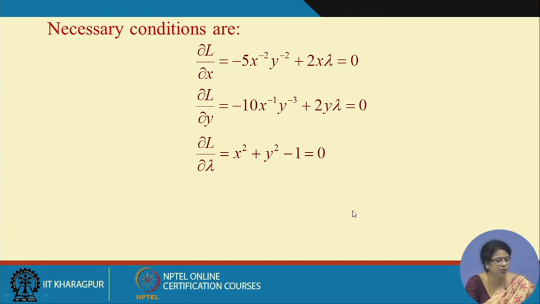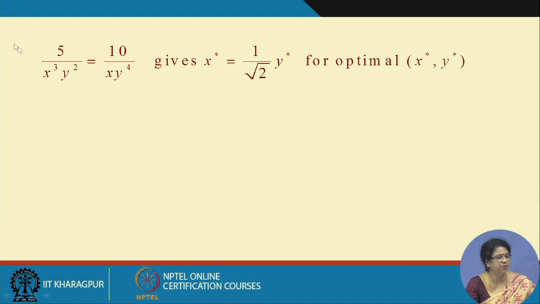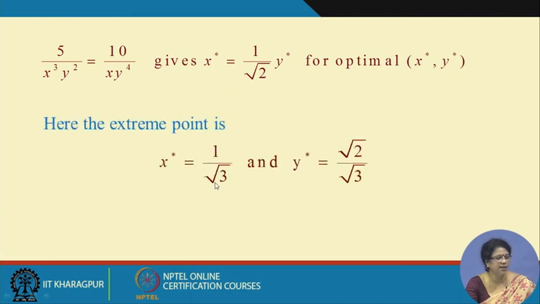I need not do it, but we can do certain simplification from here, and we will get one relation between x and y. We can say at the optimal point this relation will hold. That is why we can declare one extreme point could be this one from the relation. We can have another extreme point as well.